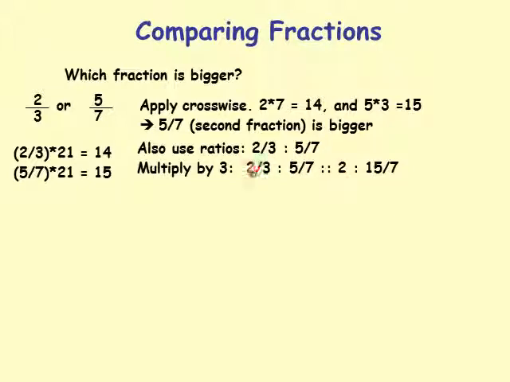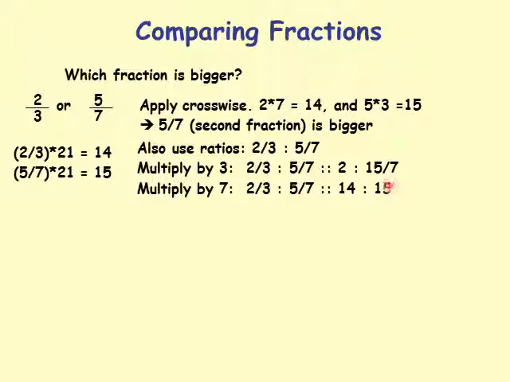When we multiply the first number by 3, we get 2. When we multiply the second number by 3, I get 15 over 7. Now 7 is a denominator here, and I want to remove that too. So multiply by 7. So 2/3 to 5 over 7 is in the same ratio as 2 times 7, which is 14, and 7 times 15 over 7, which is 15.